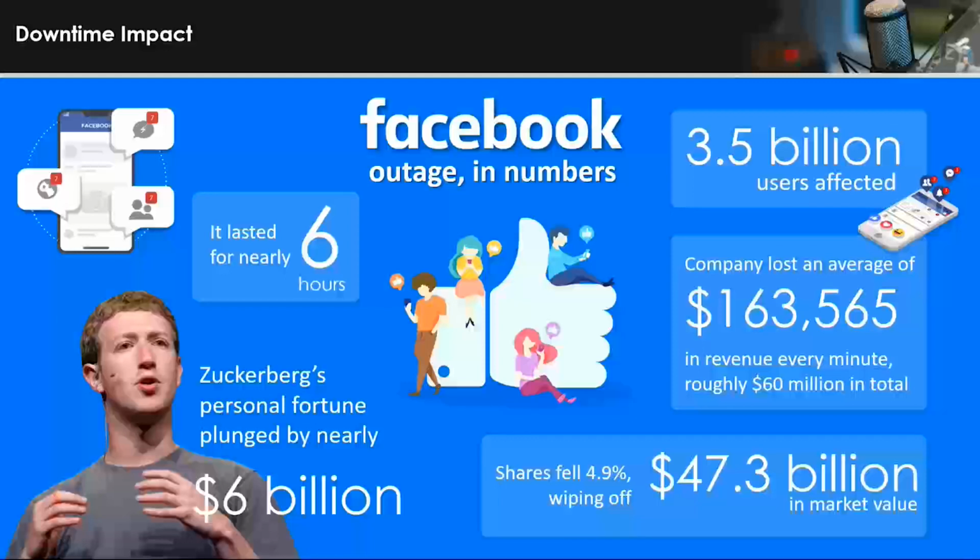A lot of businesses these days are getting digitized, so the impact of any downtime or outage leads to severe impacts, primarily on revenue and user experience, and also of course on the company's reputation.